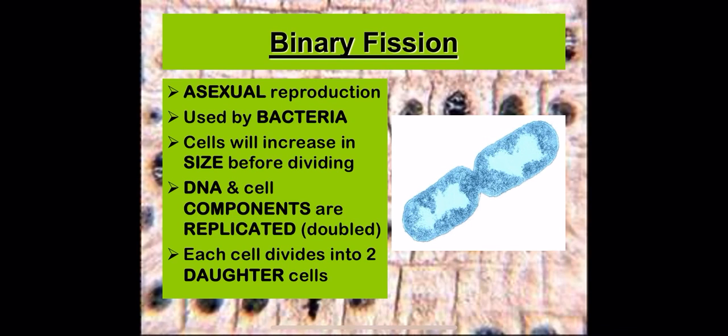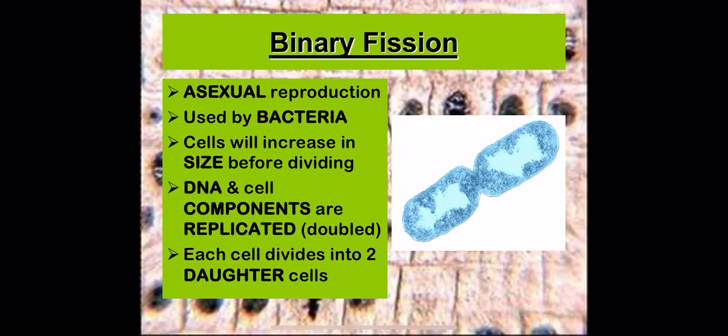So quickly to look at those asexual pathways, the first one I want to talk about is binary fission. This is something you're going to see in bacterial cells. It is asexual, and before the cell can divide, it has to increase itself in size. Because again, you're taking a single cell and dividing it in half, essentially, to create two identical cells.